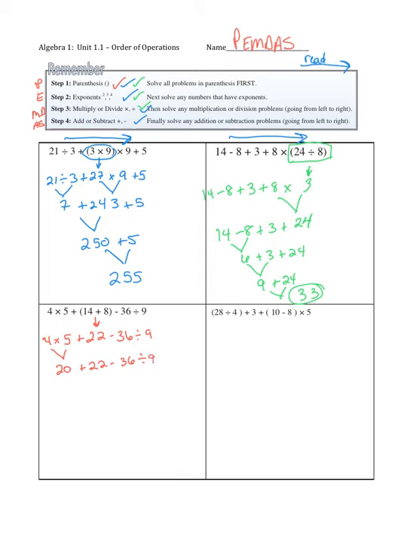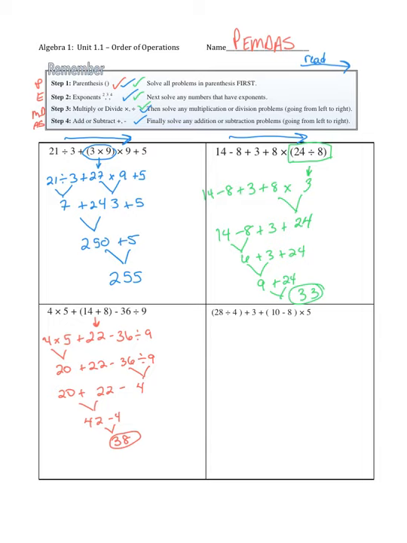Got another one, 36 divided by 9. That's 4. Now I'm going to go across. 20 plus 22 is 42 minus 4, 38. All right? It's not so bad. It really is not so bad.